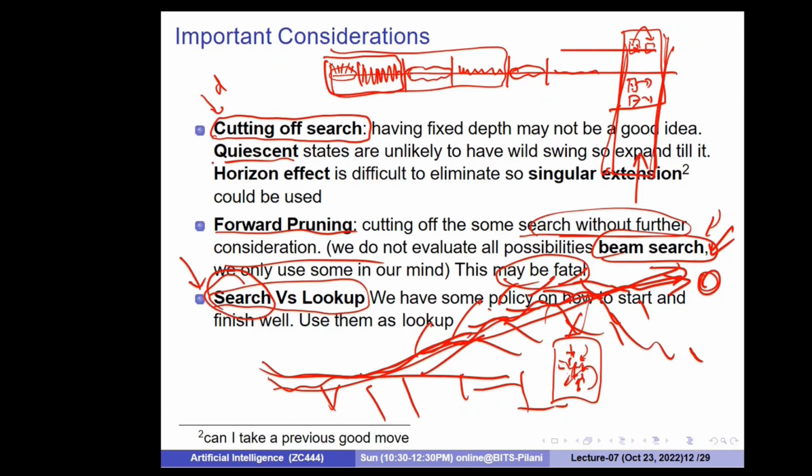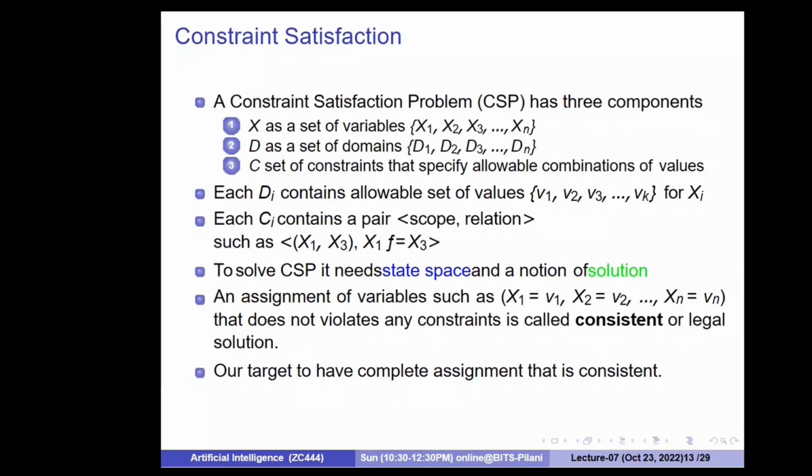You try to go to the quiescent state and then find out what is the best move. So there are some ways in which we can improve this kind of searching mechanism and build these game-based systems. This is the point that I wanted to make. Hope it is clear to everybody. Yes, clear, sir.